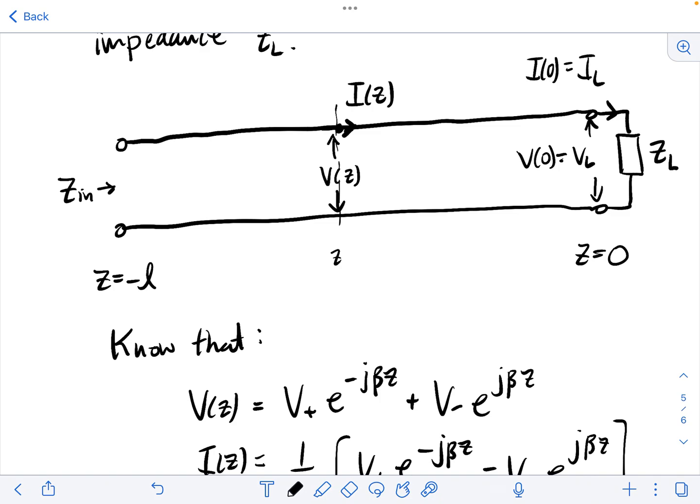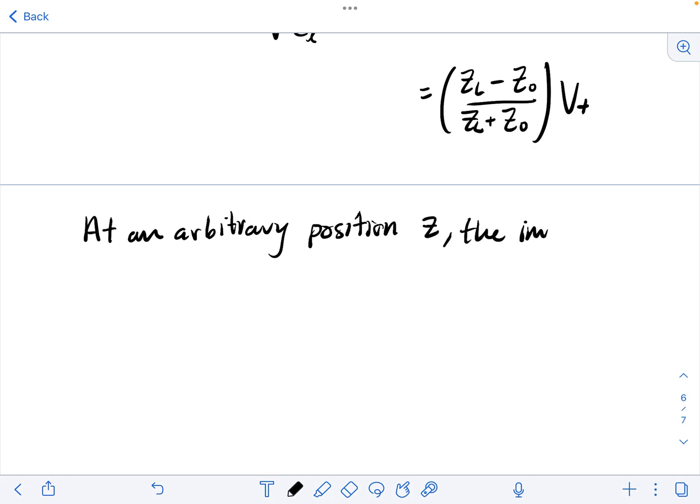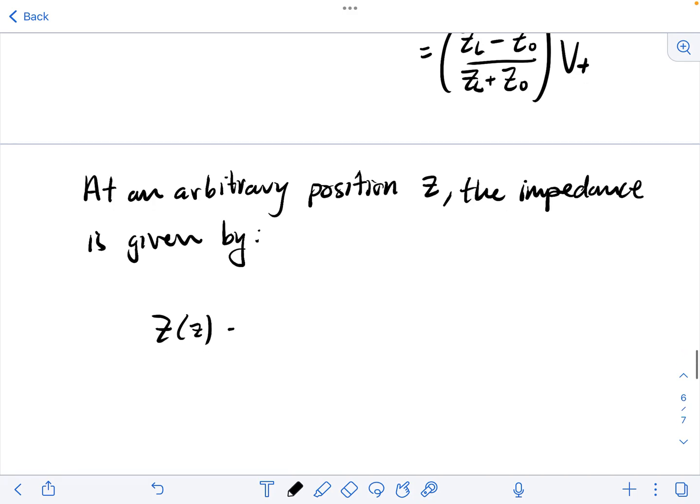So at an arbitrary position Z, some Z between minus L, the length of the transmission line, and 0, the impedance, Z at some arbitrary position Z. So capital Z is the impedance, little z is position, and that's going to be the voltage divided by the current.